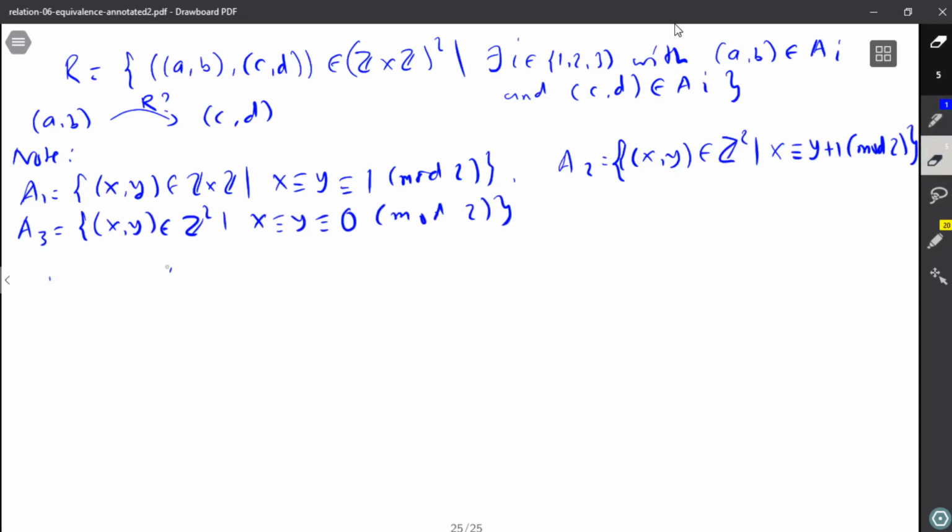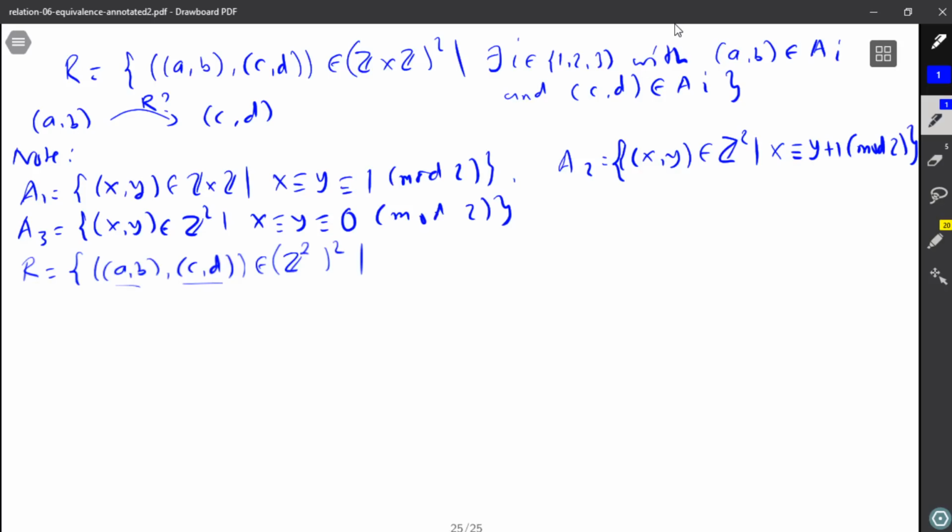So you want to define R, which is of course the set of pairs (a, b), (c, d) in this. Now when do these two pairs become related? They become related if they are both in A1, or they are both in A2, or they are both in A3.